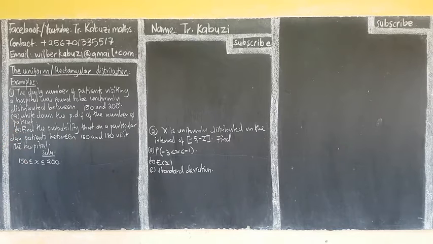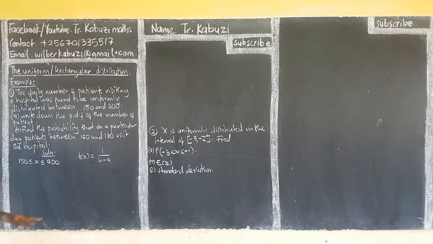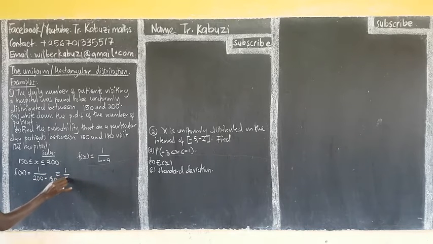So write down the PDF. Our f of x, the PDF, is always given by 1 over b minus a, where this one is the upper limit and this one is the lower limit. So my f of x will be 1 over 200 minus 150, which is 1 over 50.